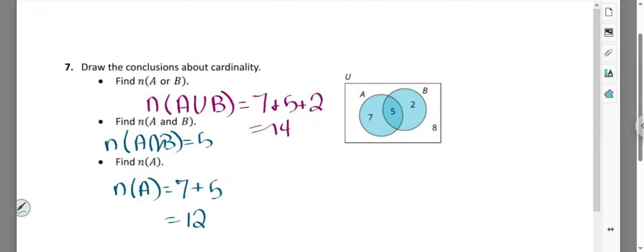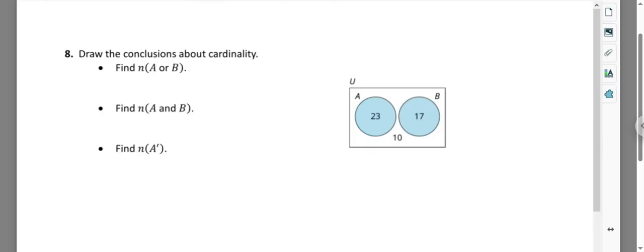Okay. So looking at 8, answer similar questions about number 8. So there are 23 in A, 17 in B, 10 that are not in either set.